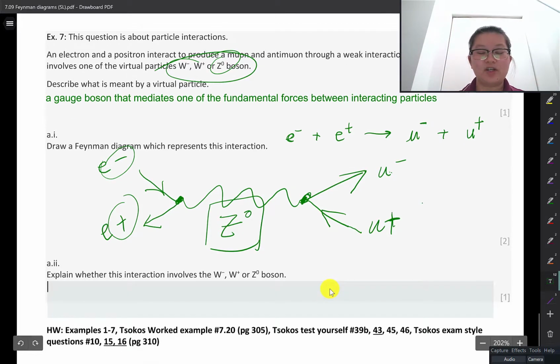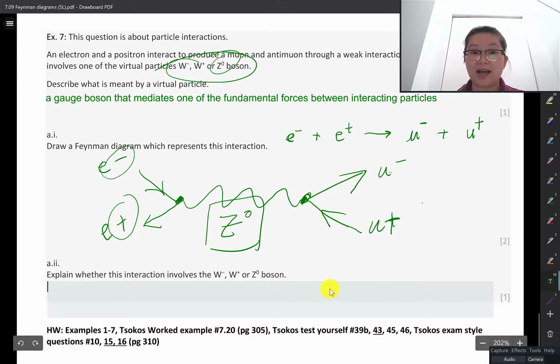The last question here is which boson this interaction involves, and why. If you just said the Z0 boson, that's not going to award you any points, because the question says explain. That's the key word.